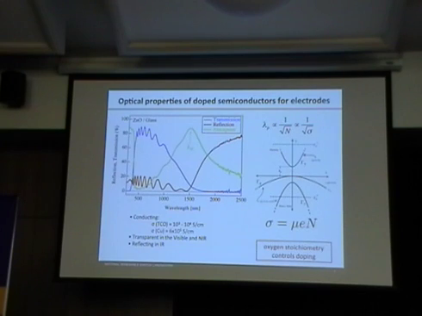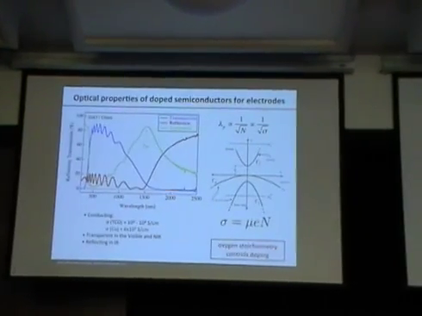So if we think about the conductivity, which is what we wanted for an electrode application, more is better, right? High conductivity. We have sigma equal to mu n product. So what happens to this free carrier absorption if I increase the number of carriers? It goes up.